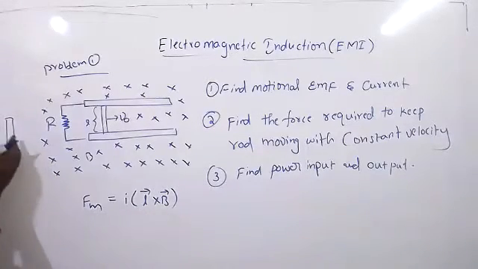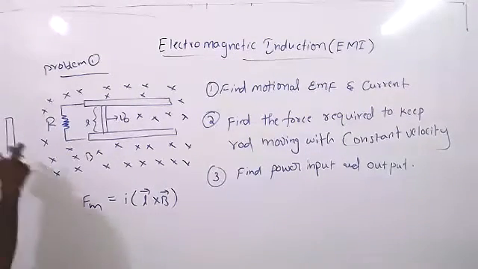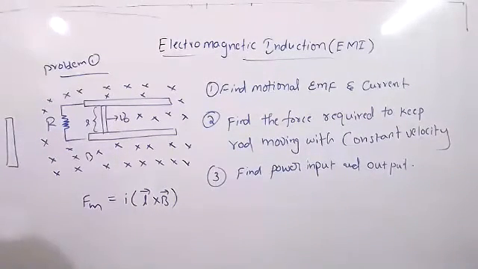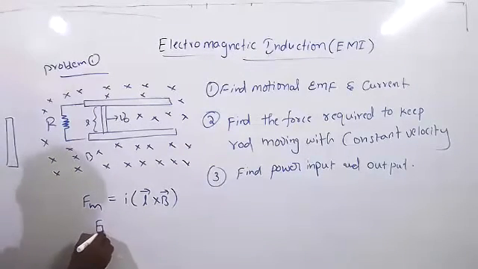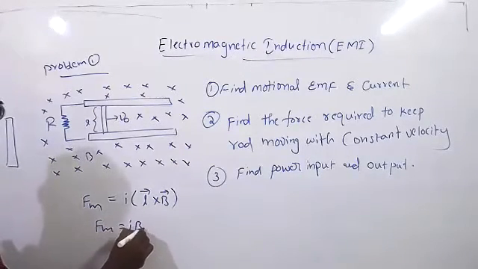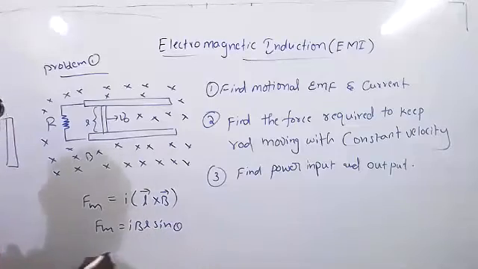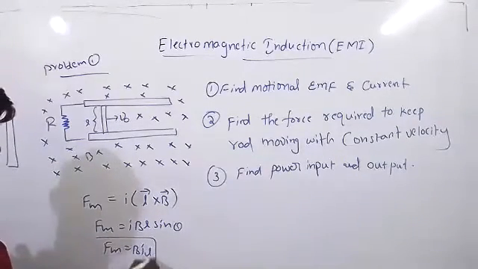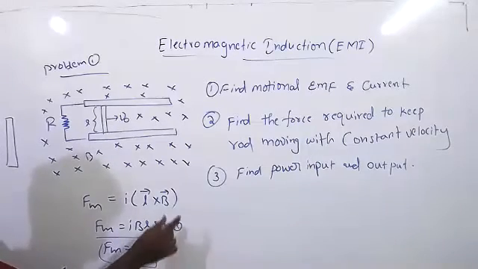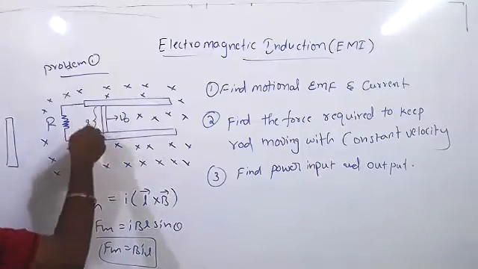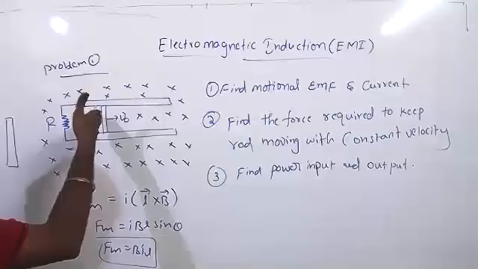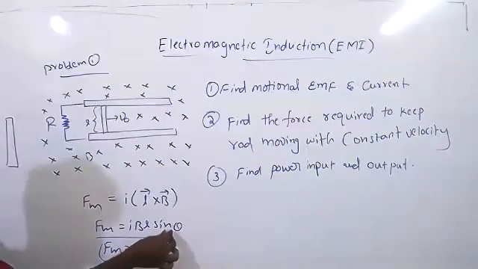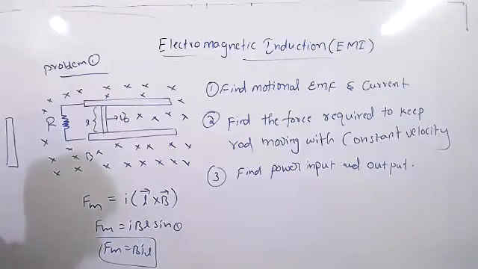Now feel that it is at rest, so this much force will act on it, so it is moving now. So Fm is equal to IBL sine theta, sine 90 equal to 1. So Fm is equal to BIL. How can we say theta is 90? The magnetic field is inside and the length is upward, so the angle is 90. So we have sine 90 equal to 1. So this much magnetic force is acting on the rod.